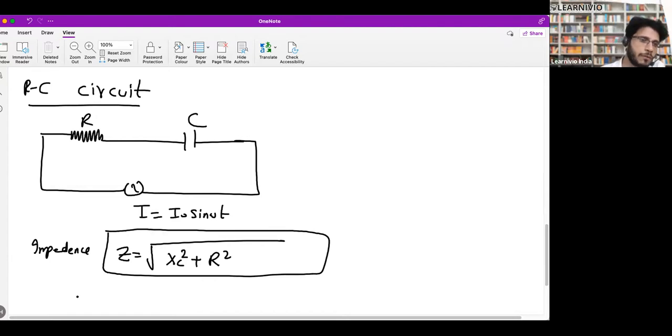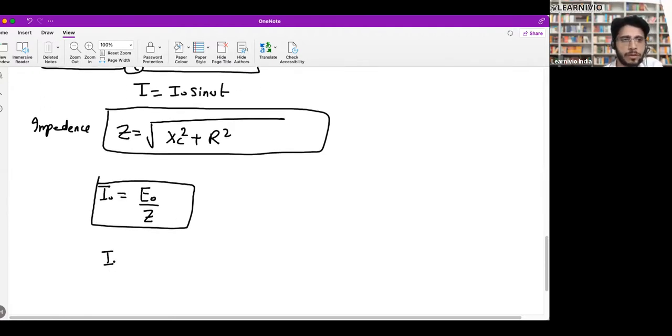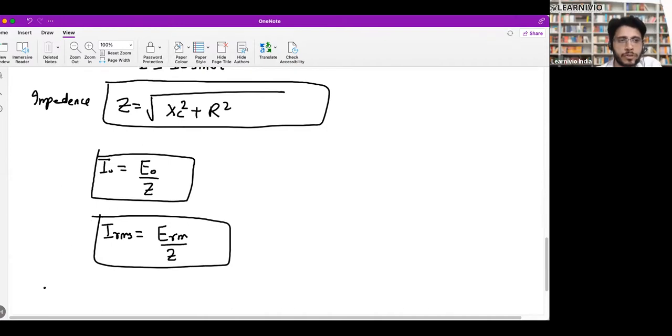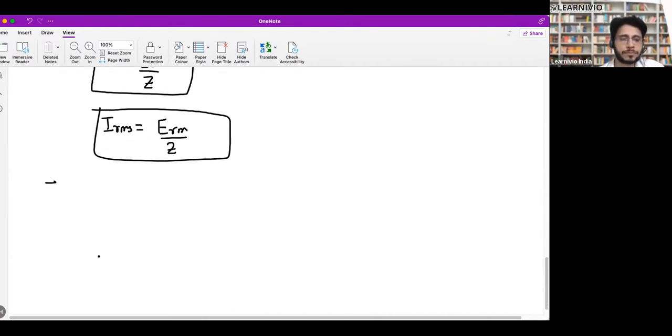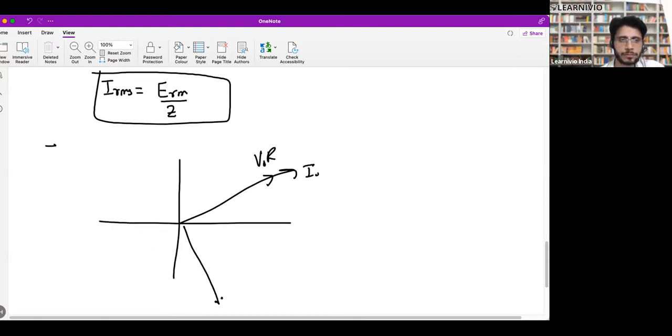If you want peak value of current, I naught, then this is simply E naught divided by Z. If you want RMS value of current, then it's simply E RMS by Z. So here, if you want to draw the phasor diagram, this is your current I naught, this is your voltage V naught R, and this is your V naught C. For total EMF, you will add them up. This will be your net EMF.